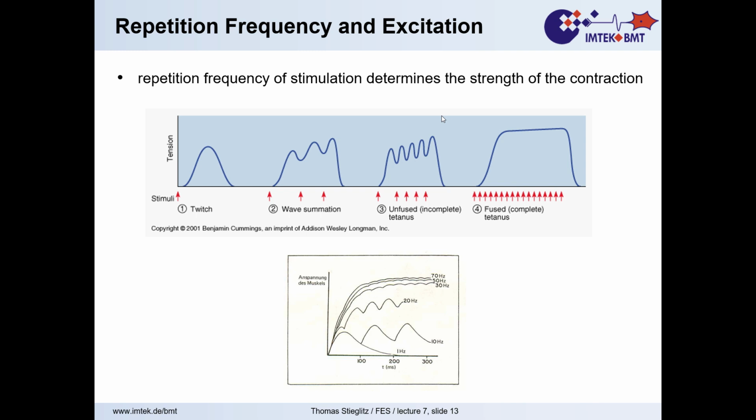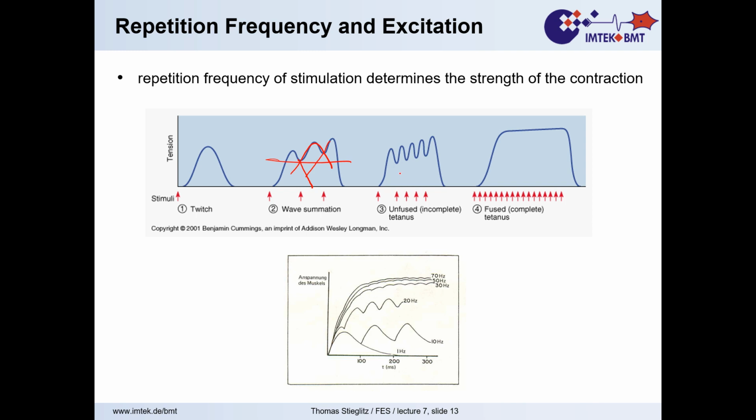If I overlay that, I might have here the first twitch and here the second one and then the third. And if you just superimpose those things, you can get a higher basic force over those ripples of excitation, relaxation.